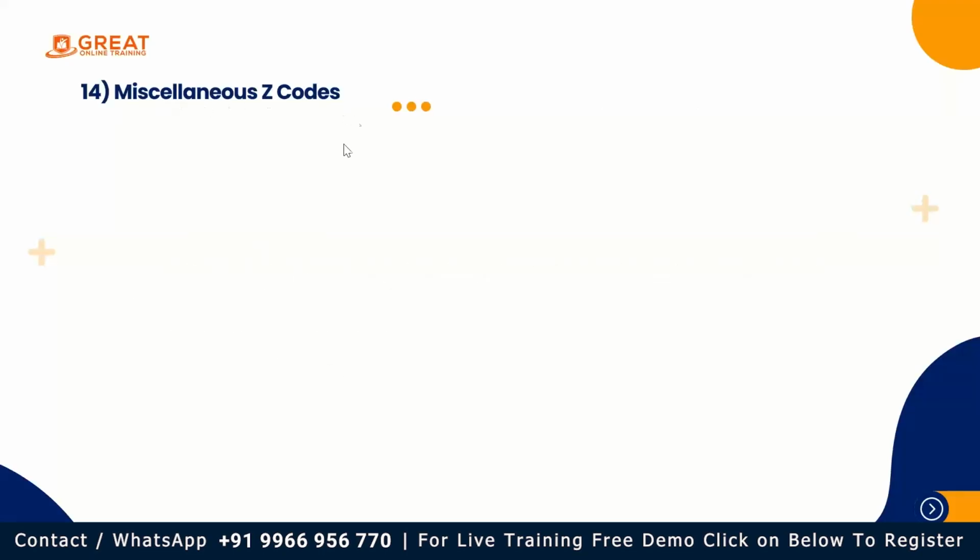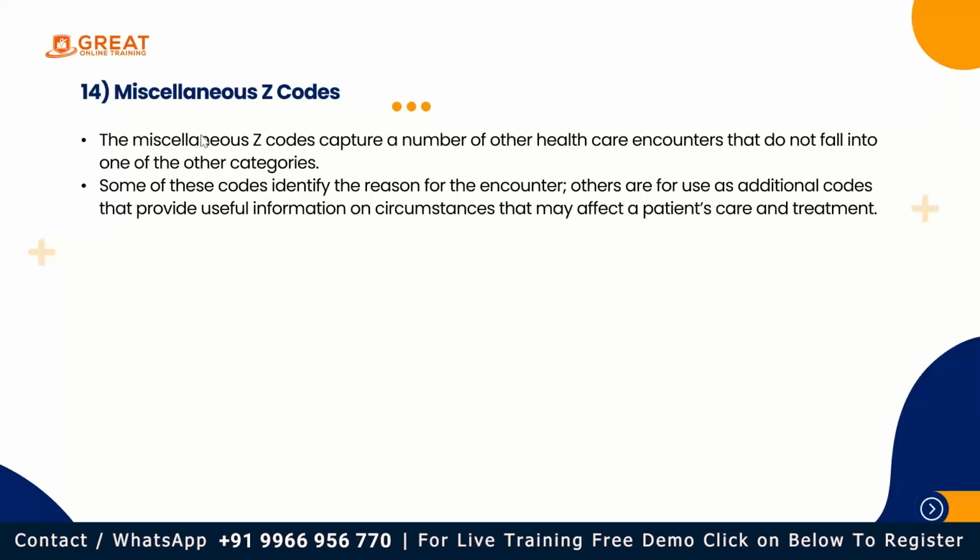Next, miscellaneous G codes. The miscellaneous G codes capture a number of other healthcare encounters that do not fall into one of the other categories. Some of these codes identify the reason for encounter. Others are for use as additional codes that provide useful information on circumstances that may affect a patient's care and treatment.